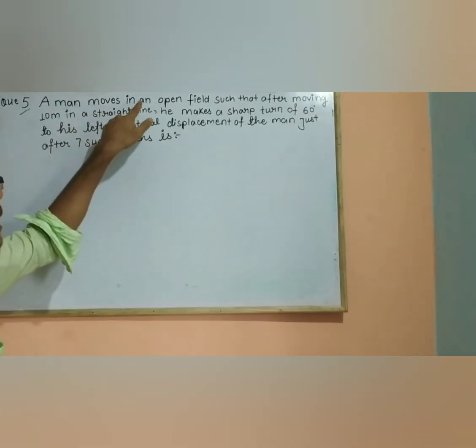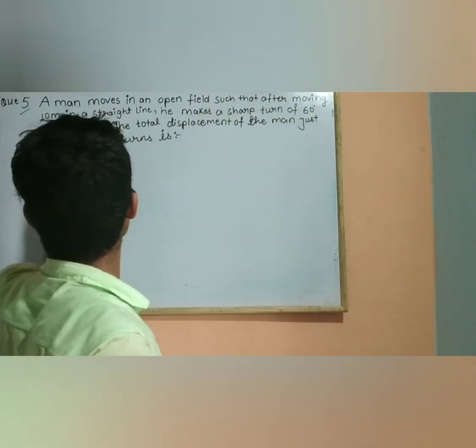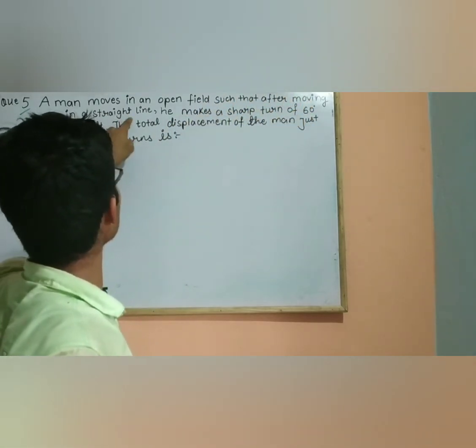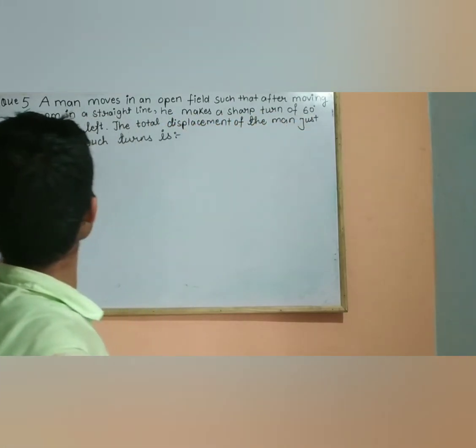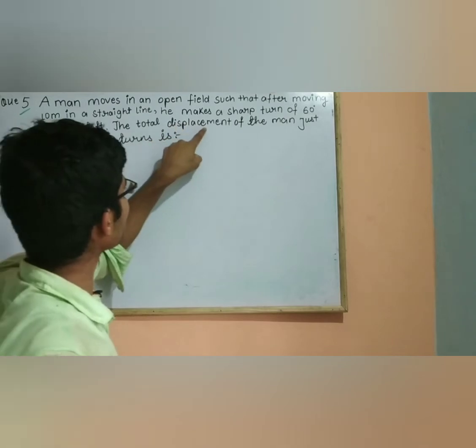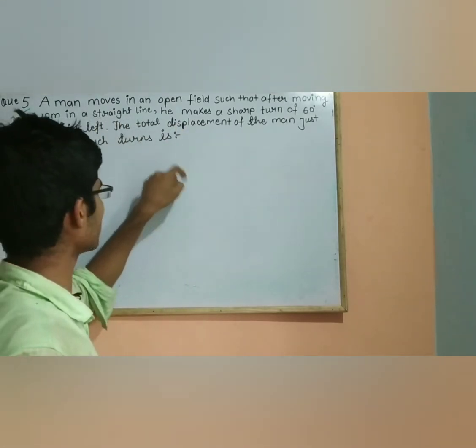A man moves in an open field such that after moving 10 meters in a straight line, he makes a sharp turn of 60 degrees to his left. The total displacement of the man just after 7 such turns is?